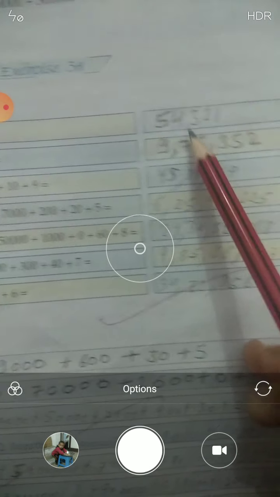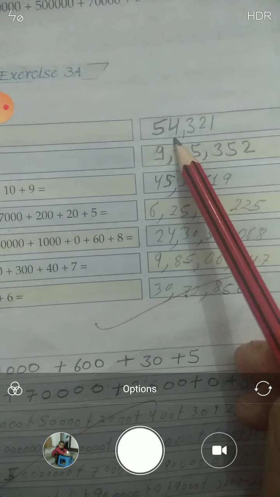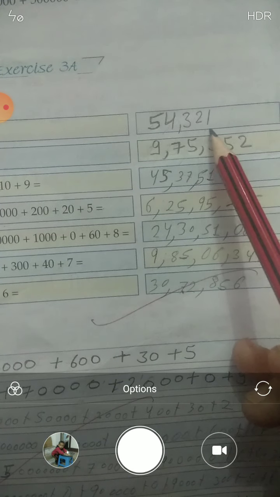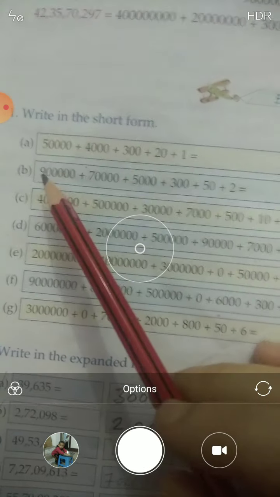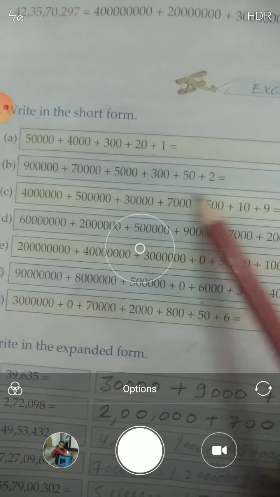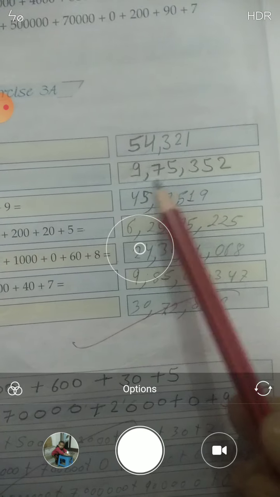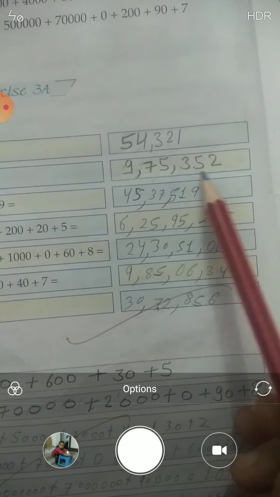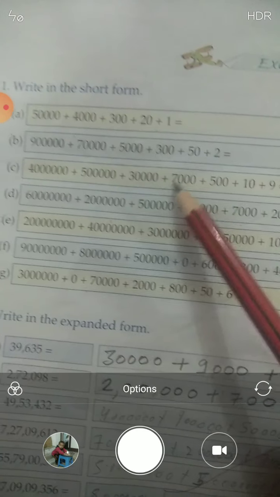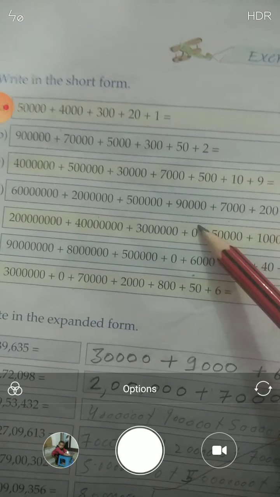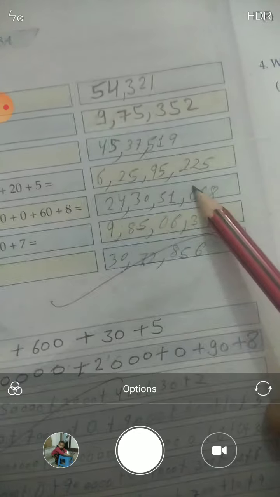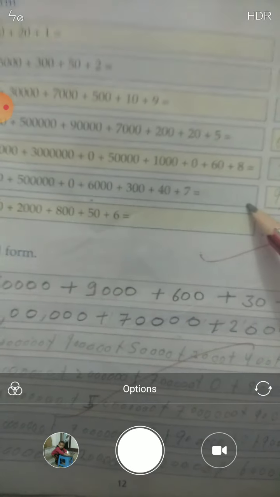In short form, we will write it like this: 54,321. Come to the next. If you write this expanded form in short form, it will be 9,75,352. Like this, students, it is very easy. The rest of the part you have to do yourself, in your book, because space is there.